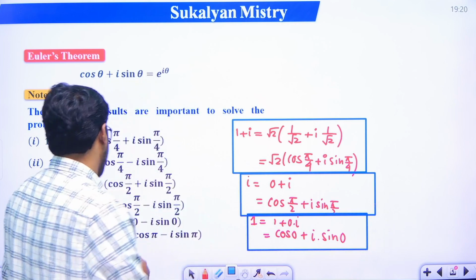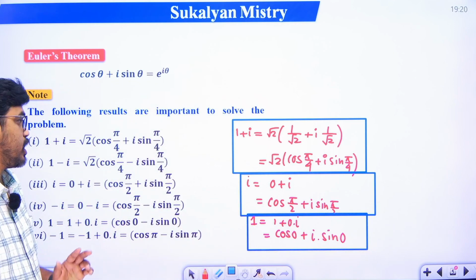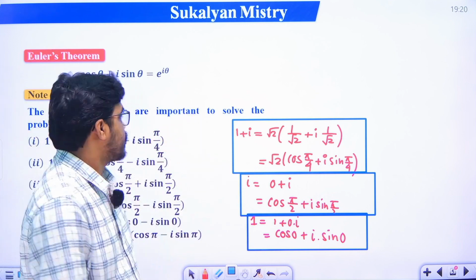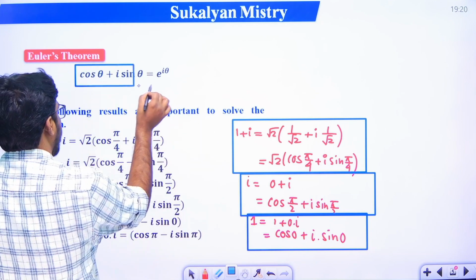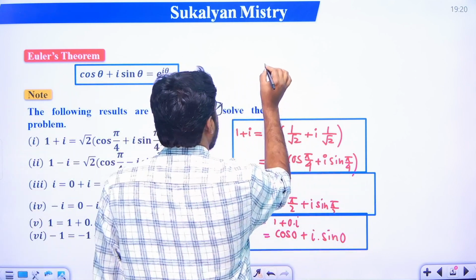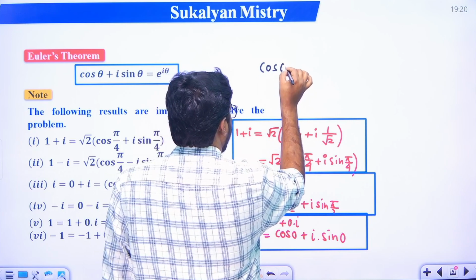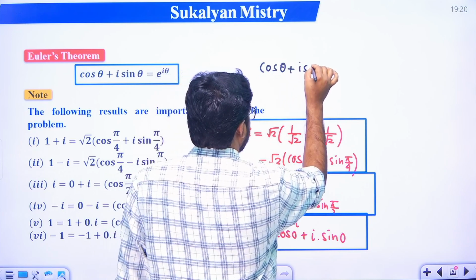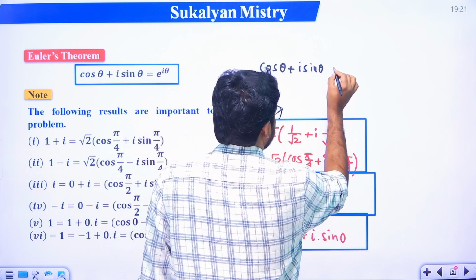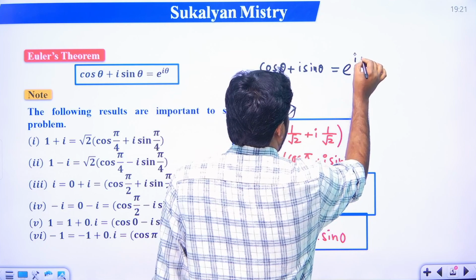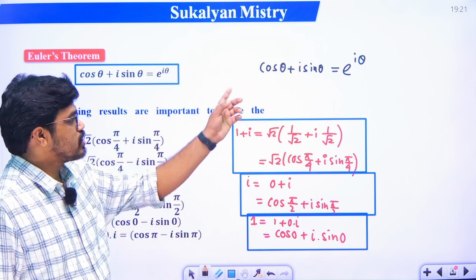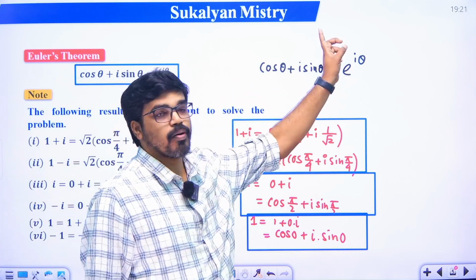Okay, similarly minus 1 is cos pi minus i sin pi. Now Euler's theorem states, and it is very important, that cos theta plus i sin theta is the exponential function e to the power i theta.